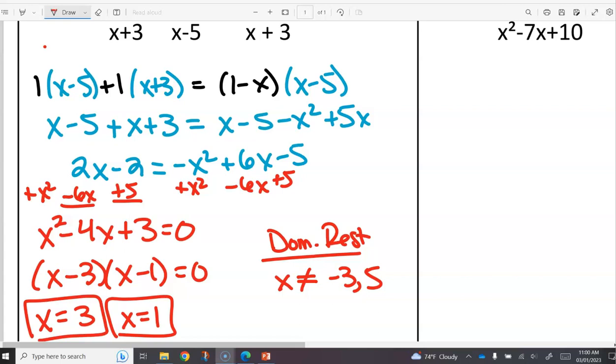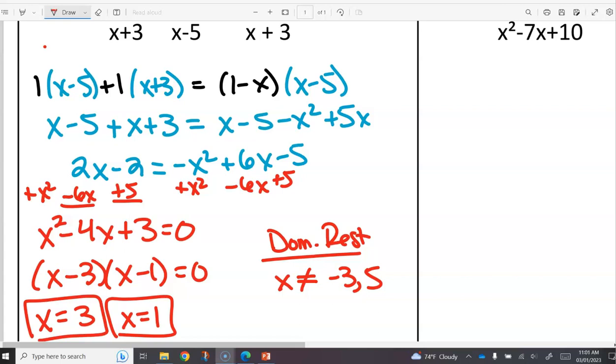Does anybody know why I moved the x squared to the other side and didn't leave it where it was? Because it was negative, yes. Not gonna work. We don't want it to be negative. We want it to be a positive x squared. So I moved all of it to the other side. Factored, I got positive 3 and positive 1.